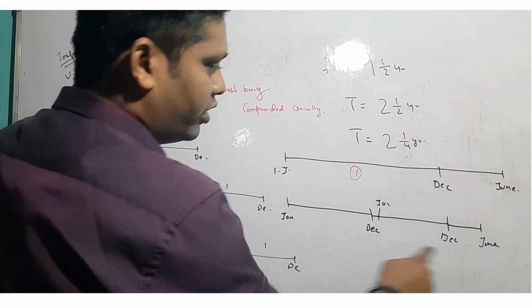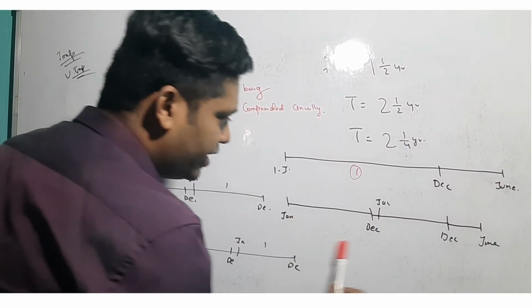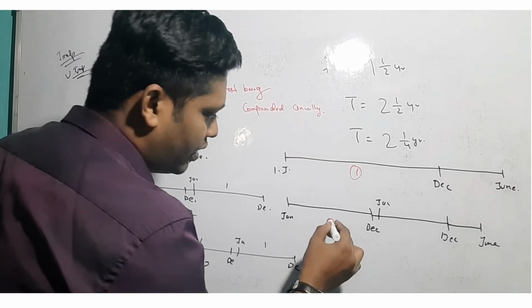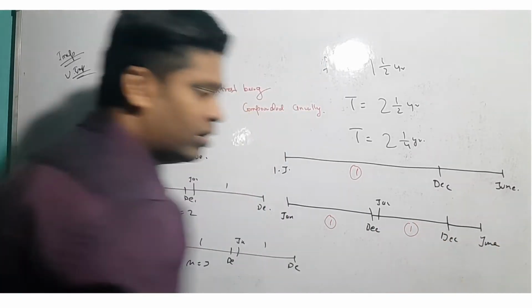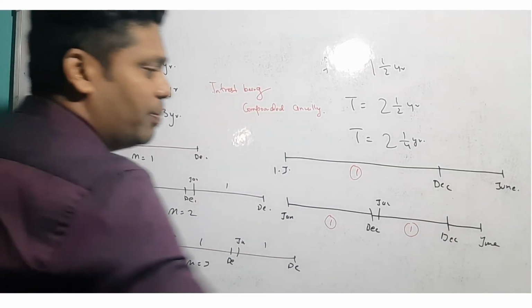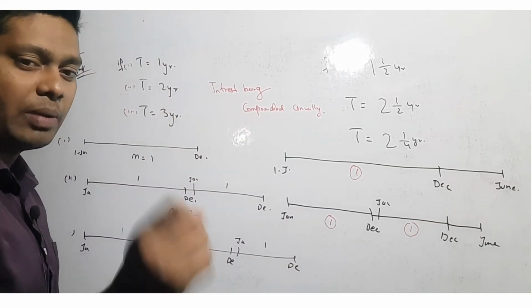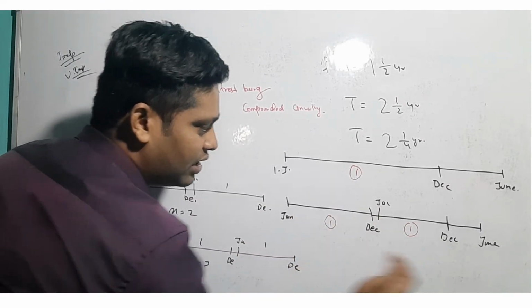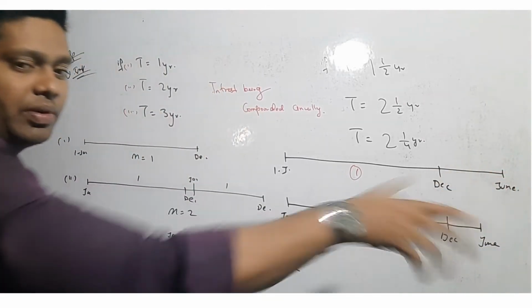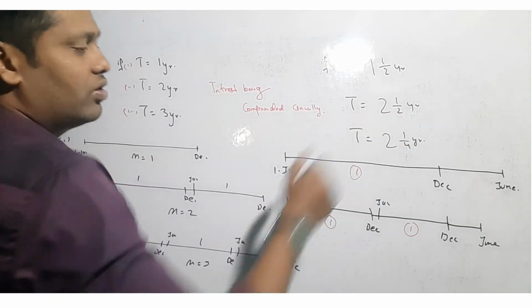So here January, December and June. Now here a complete year is there, so one conversion period. Here a complete year is there, one conversion here. So what do you have to do here? You will do simple interest, because we cannot apply the conversion period there. So n is equal to, up to here you will get your answer, but the remaining part you have to do with simple interest.